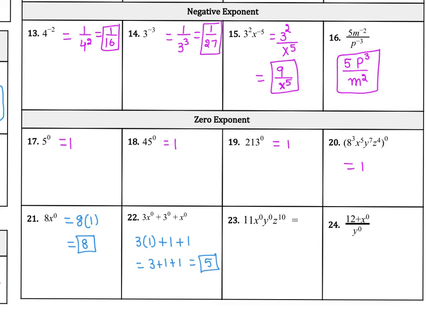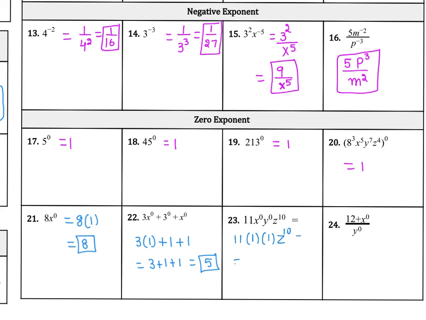Look at number 23. You have 11, and then you have 1, and then you have 1, and then you have z to the power 10. So it looks like 11 times 1 times 1 times z to the power 10. So when I write it, it looks like 11, and 1 for x to the power 0, 1 for y to the power 0, and z to the power 10.